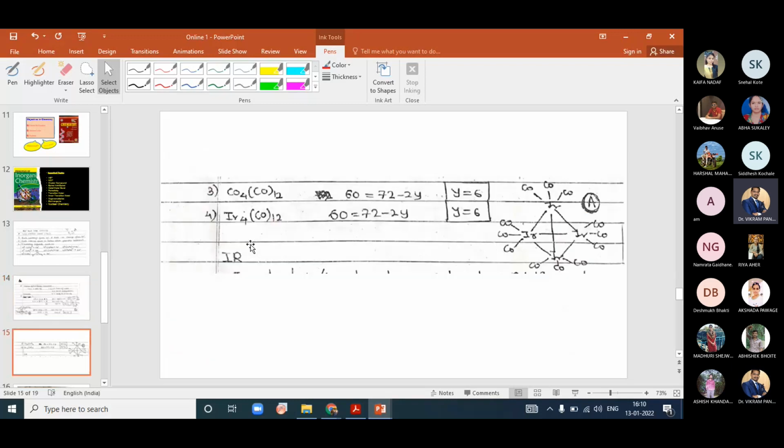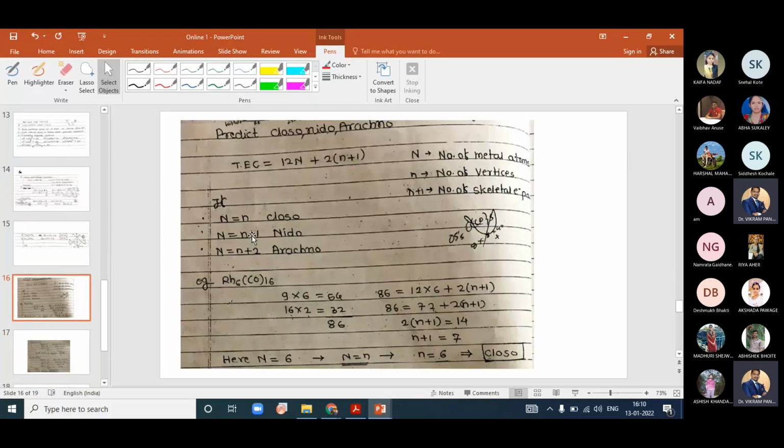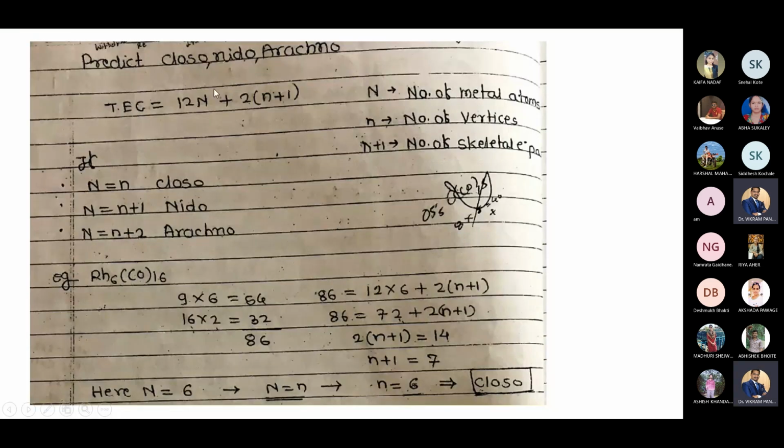Then next is predicting the given structure, whether it is closo, nido, or arachno type. Now, there are always 4-mark questions in the C section. Here also there is a very short formula.